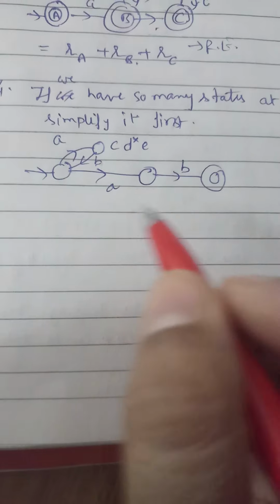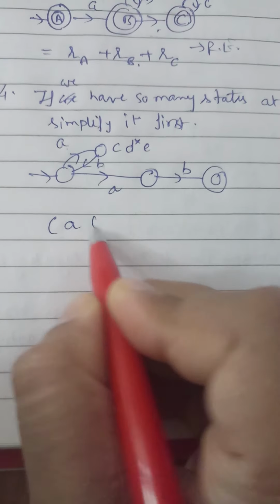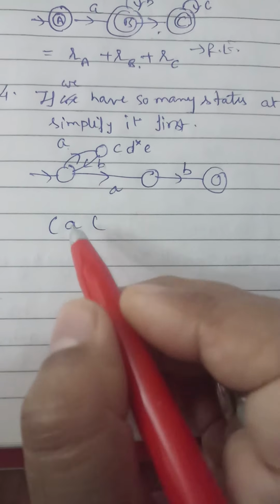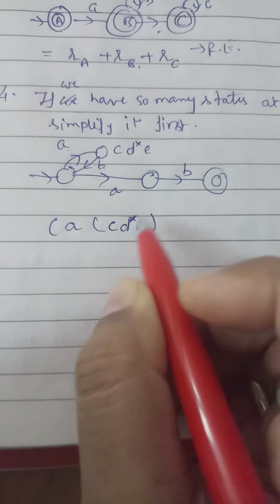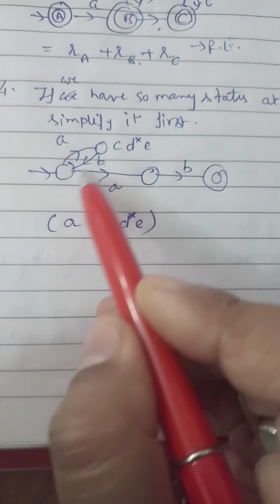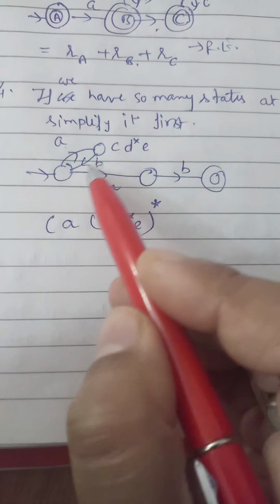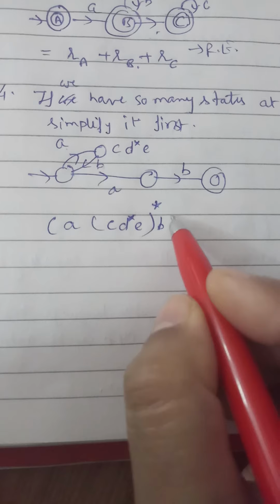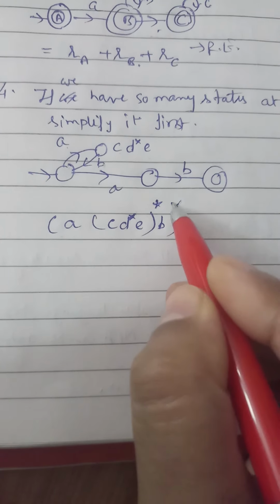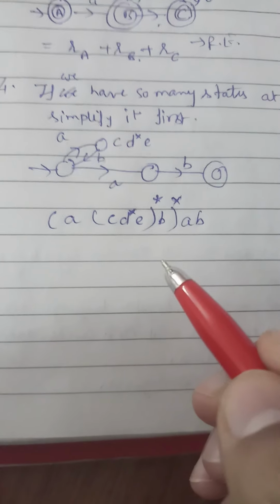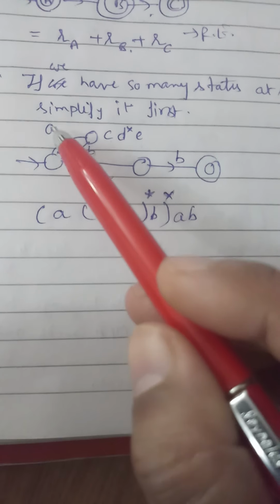How will we simplify it? We can write like this: A (C D star E)(C D star E) whole star, or B whole star, A B. So first we simplify this, so that's why we write like this.